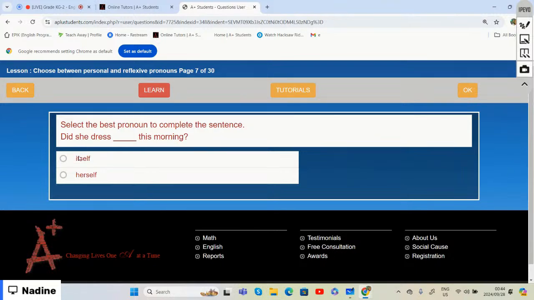So option one, itself, or option two, herself. Which one is correct? Do we say that she dressed itself this morning, or she dressed herself this morning? Remember, that is the reflexive pronoun that needs to refer back to the subject. So which one do you think? This is the last one.